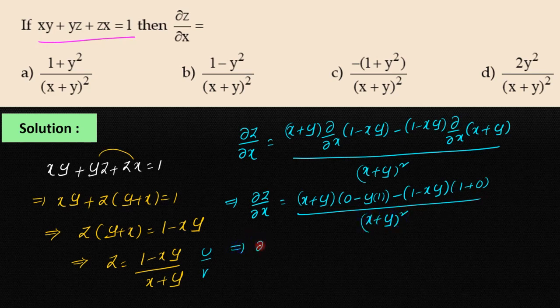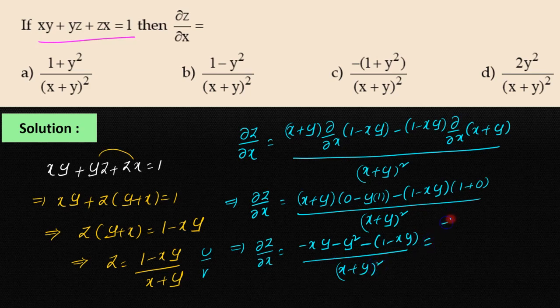This implies dou z by dou x is equals to, here minus y into x minus xy minus y into plus y, that is minus y square, minus of, here 1 minus xy divided by x plus y whole square.